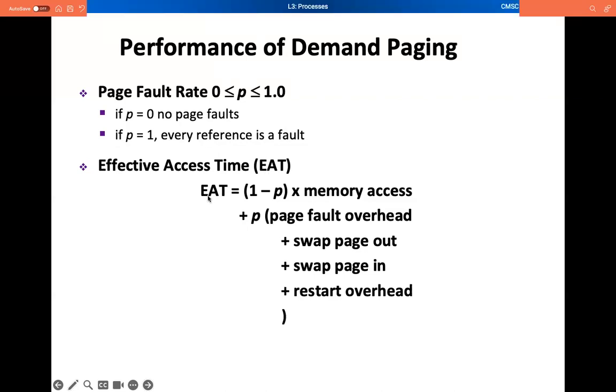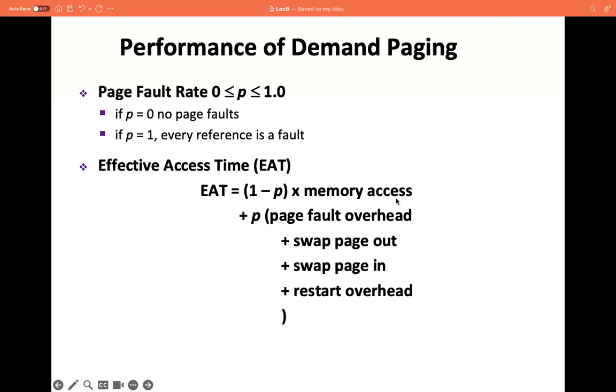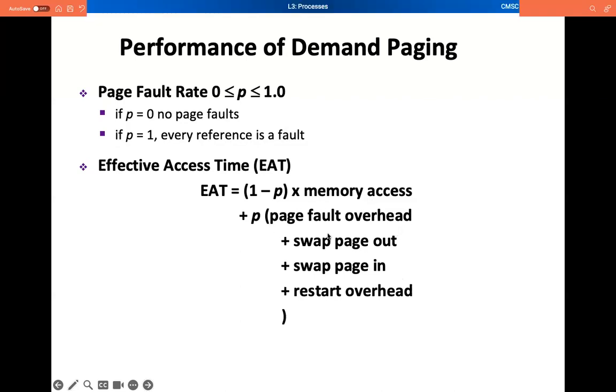So EAT is equal to (1 minus P), where P is the page fault rate, times the memory access time, plus the second term, which is P times all the time that we have to spend for paging in and out. So that would be the page fault overhead plus the swap page out plus the swap page in plus the restart overhead.